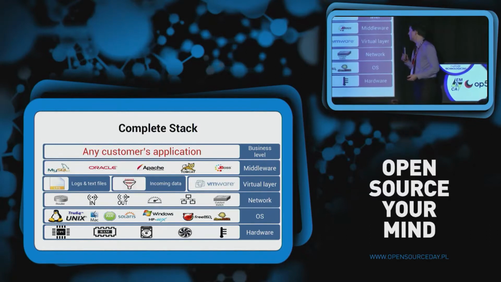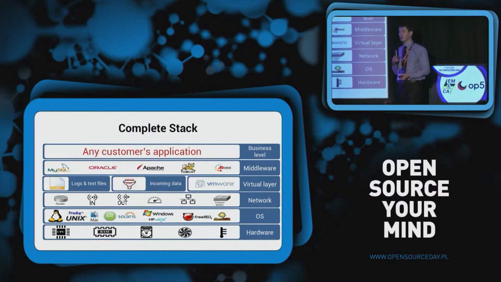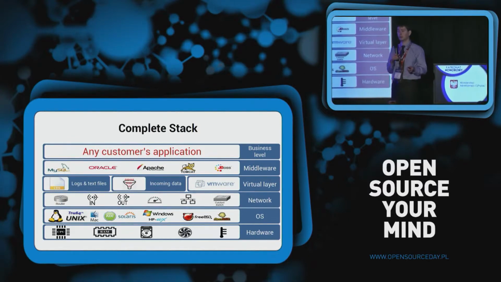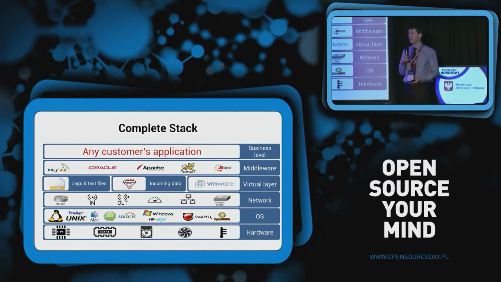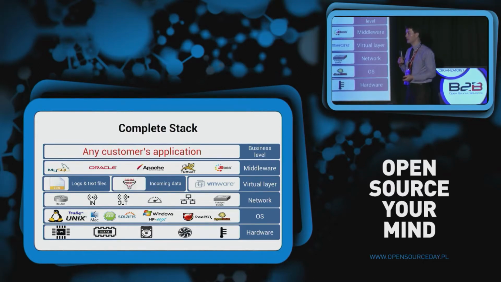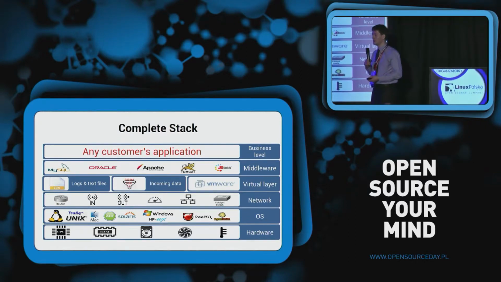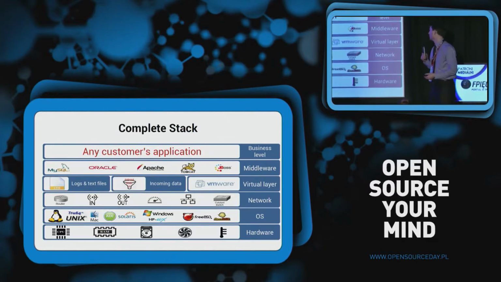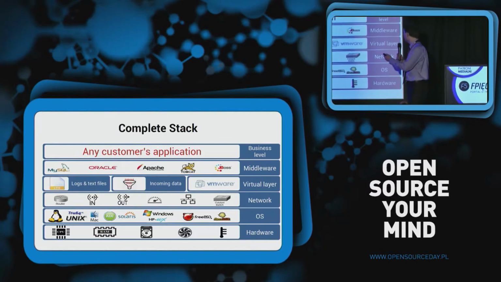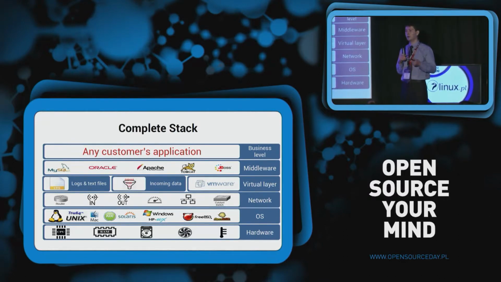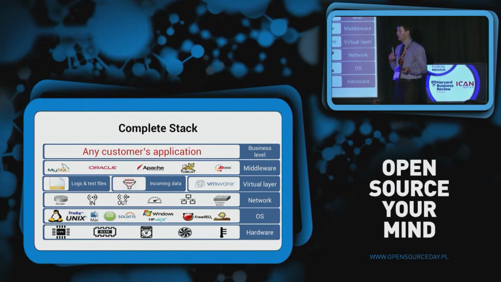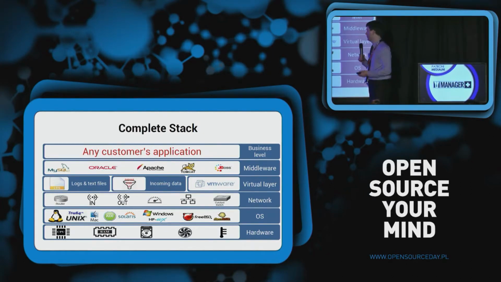On the operating system level, we provide a high-performance agent, and we support all modern operating systems, and not only modern. All Unix-like operating systems are supported: Linux, enterprise operating systems, HP-UX, AIX, Solaris, as well as Tru64, if you still use Tru64, and Windows as well. The network layer is about monitoring of network devices, Juniper and Cisco switches, network services, and so on.